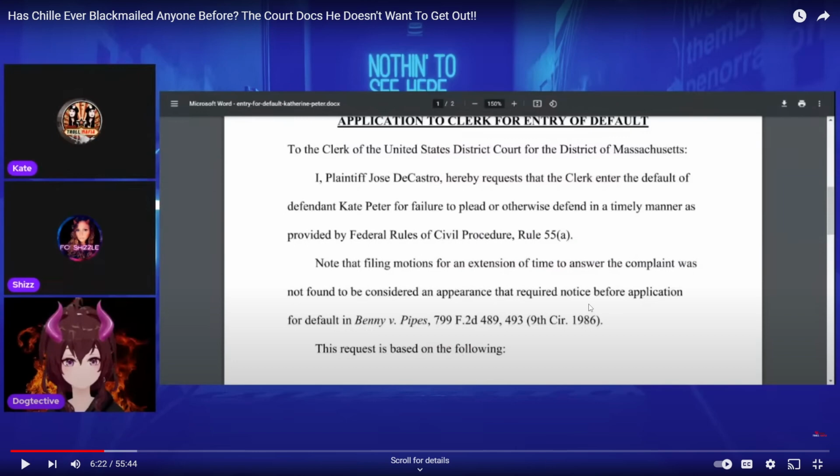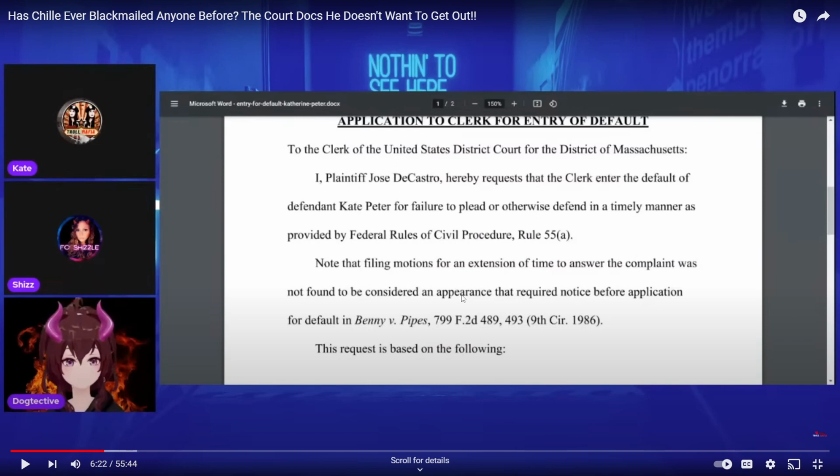Normally, if the other party had appeared, you would need to give notice before you did application of default. But Chili realized that there was a loophole there, or whoever's his attorney is. I'm guessing he has an attorney right now, helping him at least. So he was like, well, I don't want to have to send notice before I file my entry for default, because that's going to delay things.